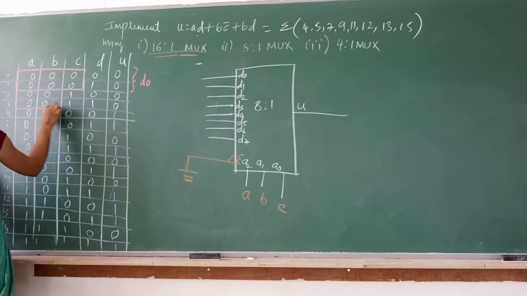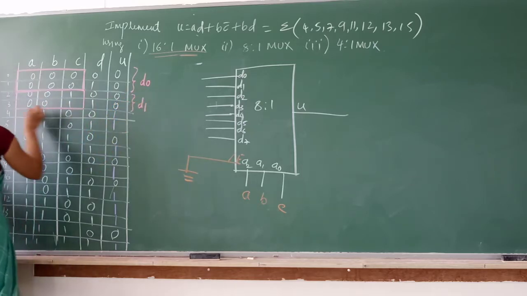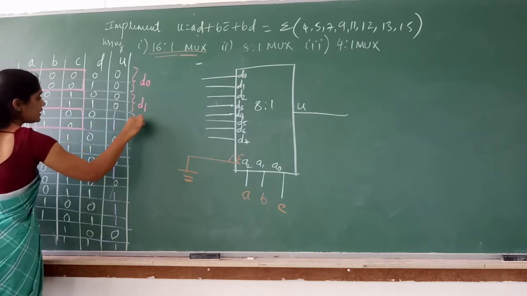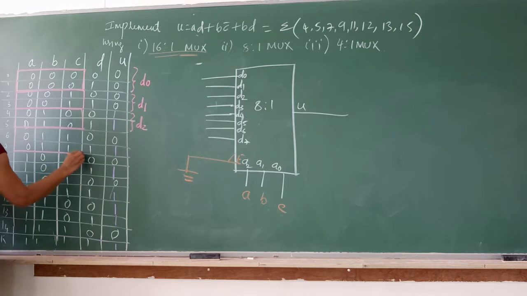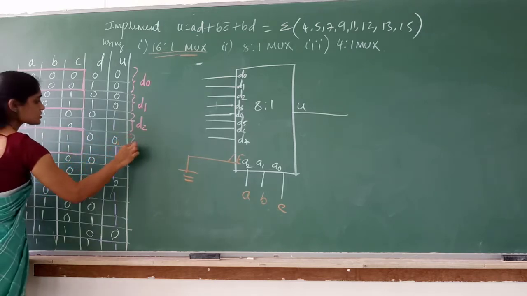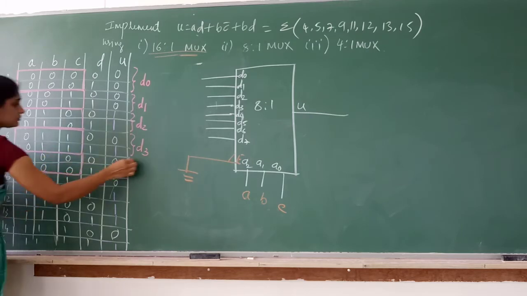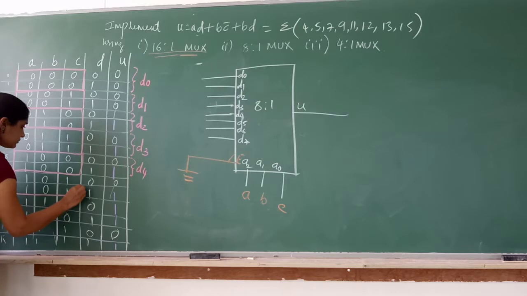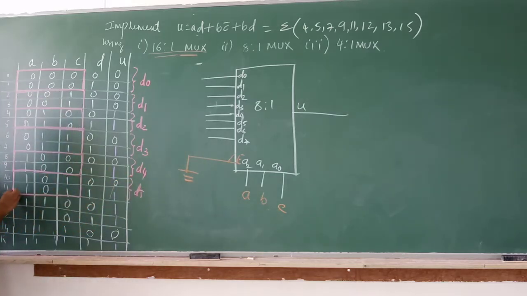A, B, C is taking 0, 0, 1 for these two, so this is for D1. 0, 1, 0, so D2. Similarly 0, 1, 1, these two for D3. 1, 0, 0, D4. 1, 0, 1, D5. 1, 1, 0.